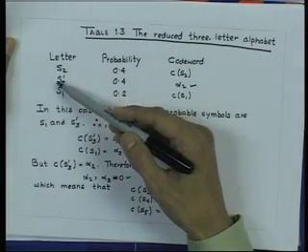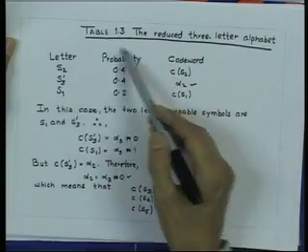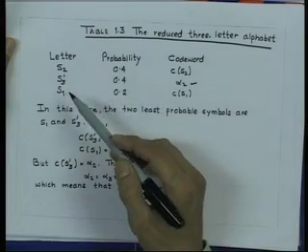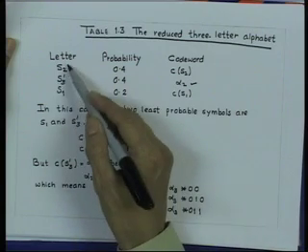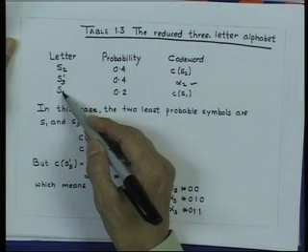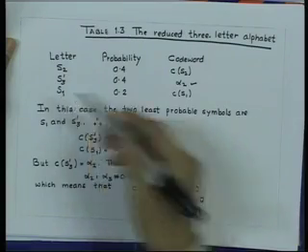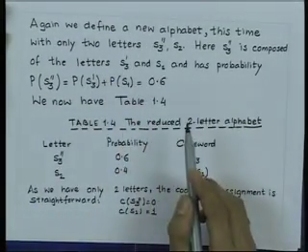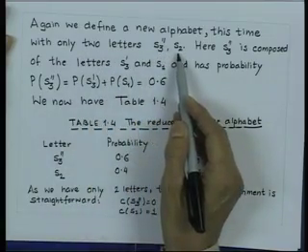Finally, we combine these 2 symbols in this reduced 3 letter alphabet to get the reduced 2 letter alphabet, and we combine S3 prime and S1 prime to get S3 double prime. So, what we do is that again we define a new alphabet, this time with only 2 letters, S3 double prime and S2.